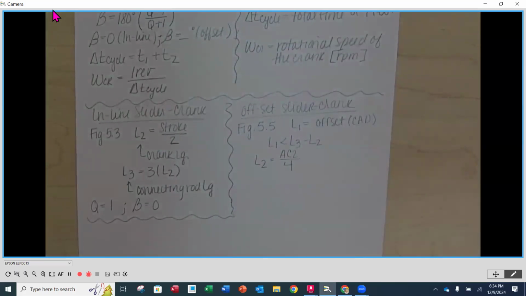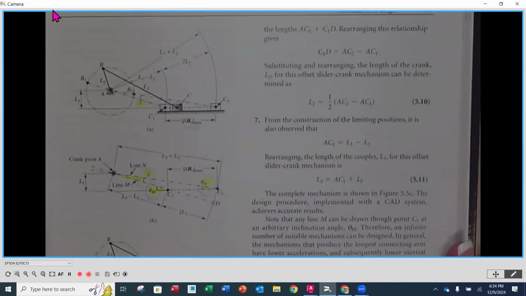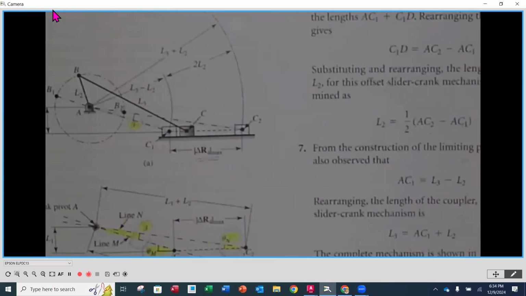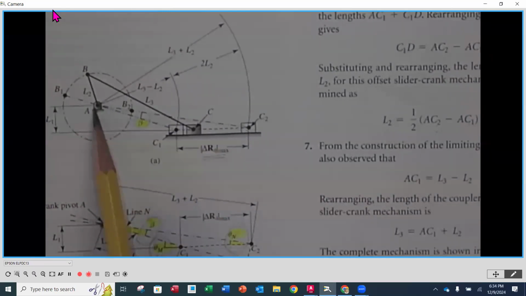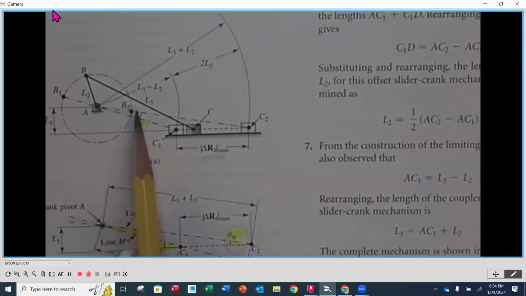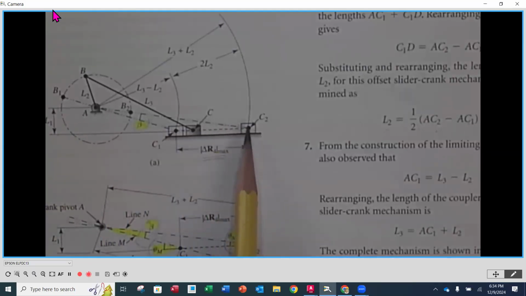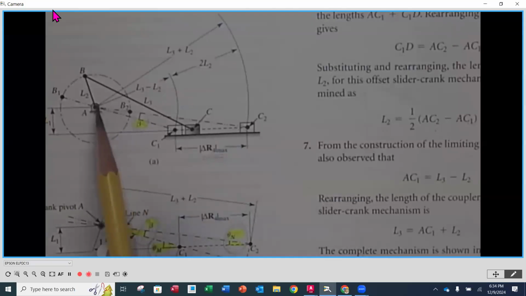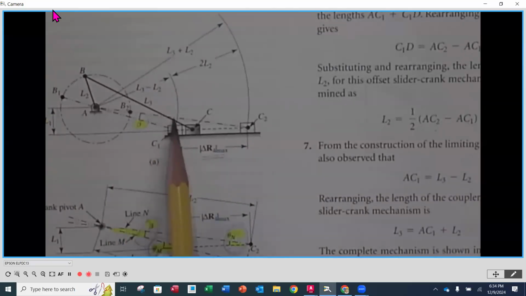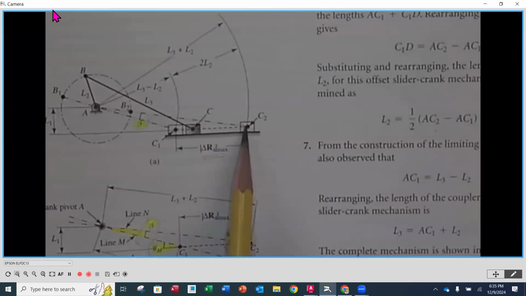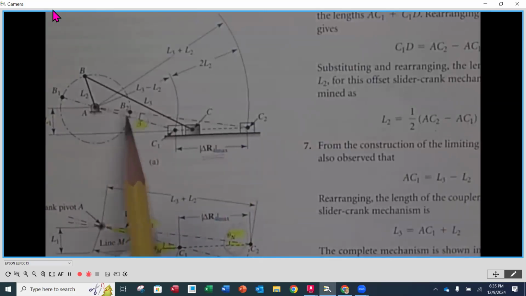AC2 and divide by 4. Now, what is that? A is going to be the center of the crank rotation. So from that point A all the way to the furthest outbound slider position, that's C2. So the length of this line, AC2, divided by 4 is going to be the length of our crank.